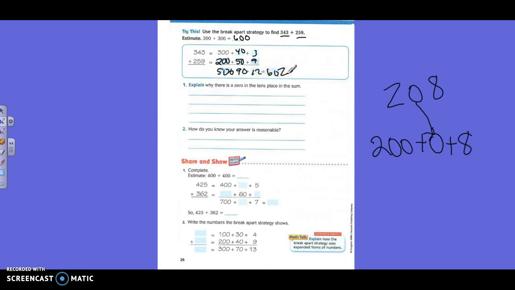The other way you could do it is instead of writing 12 in there, because sometimes this is going to happen, and it's going to happen in the tens place too. 3 and 9 equals 12. Instead of writing 12, you can write a 2 here, and you would bring the 1 up like you do in regular adding, but when you do a 1, it actually has to be a 10.